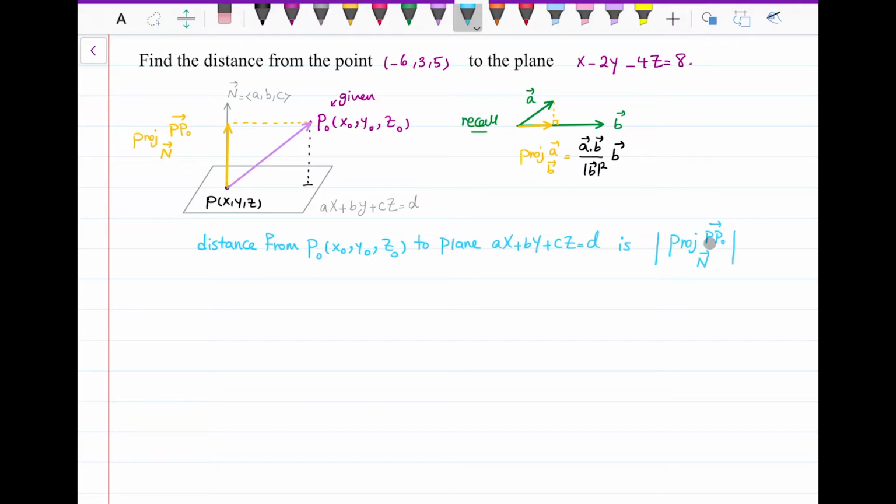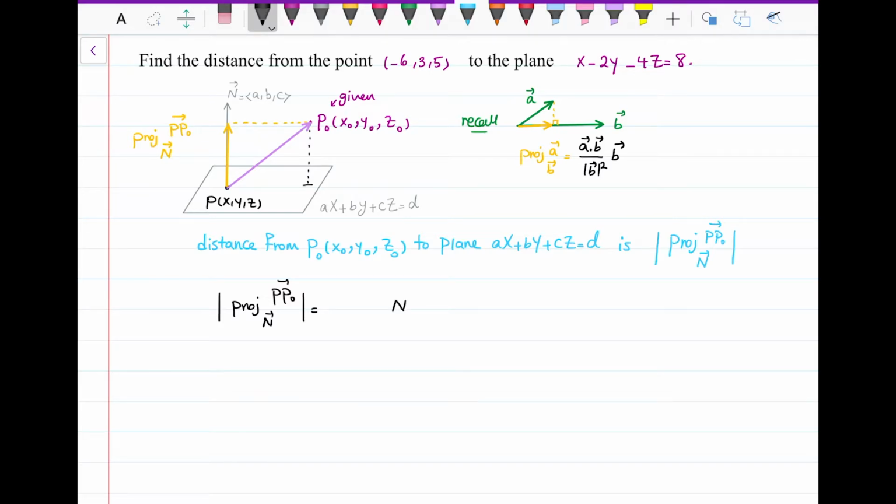Now, let's find the formula for the length, or the magnitude, of the projection vector. So, the projection of PP0 over n. Go back to the definition of the projection vector.